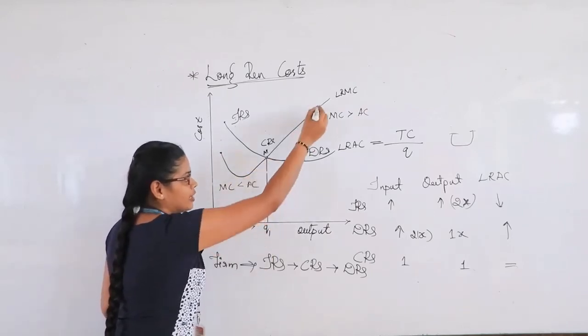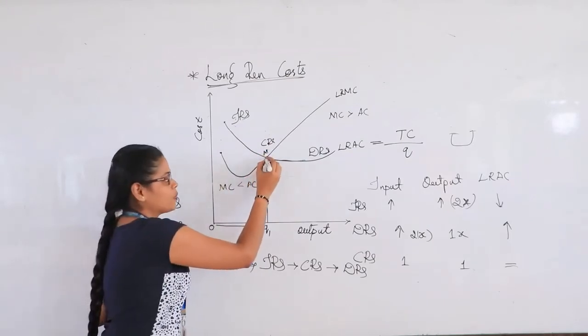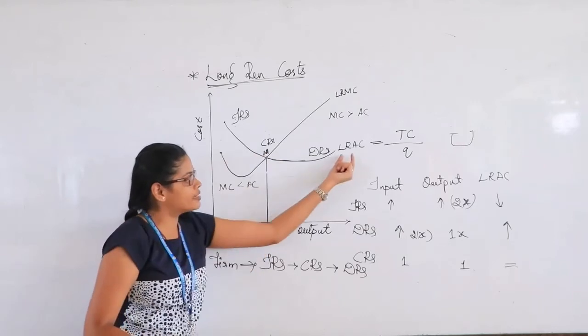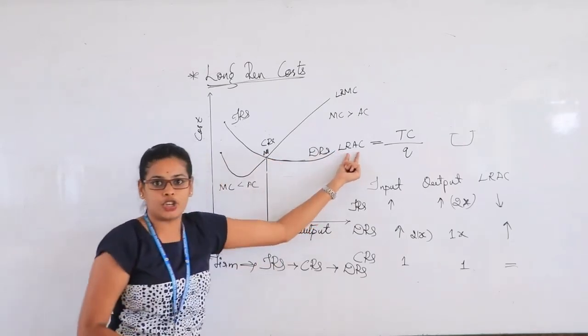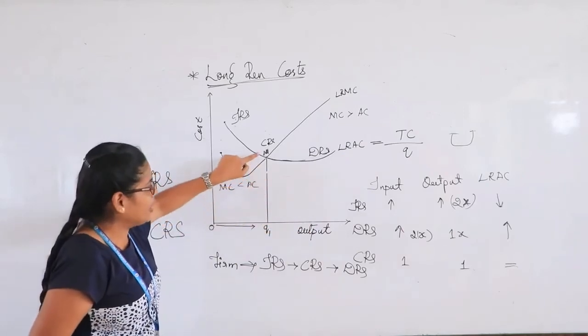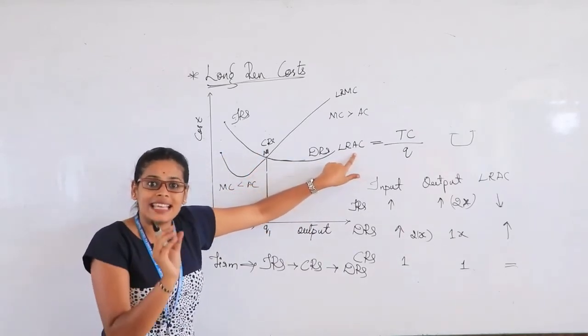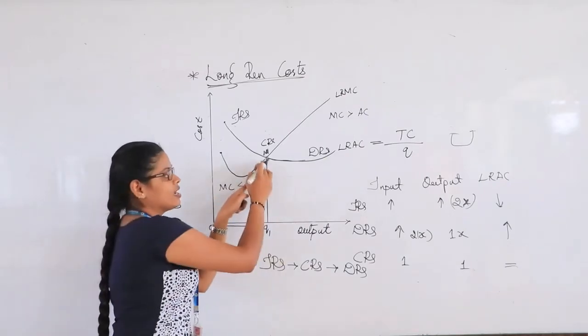From below. It's not cutting from the upper side, it's cutting from below. So this is why we call it M, and this defines the average cost. So at the point M, the long run average cost reaches its minimum. It doesn't fall after this M, it starts rising.